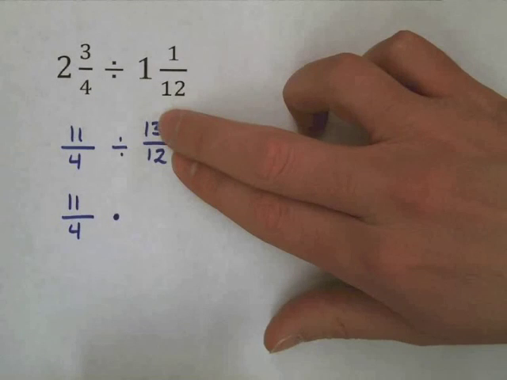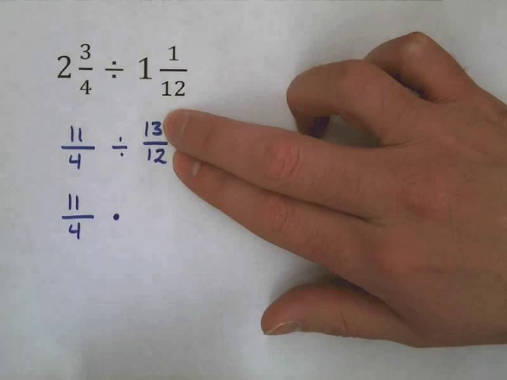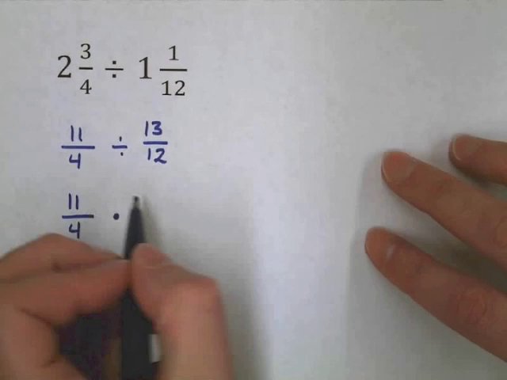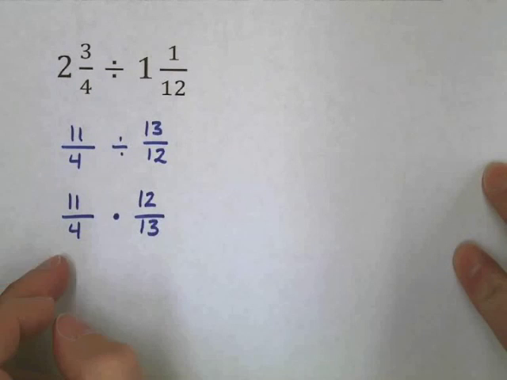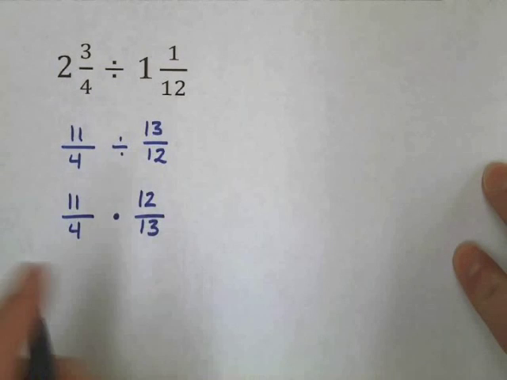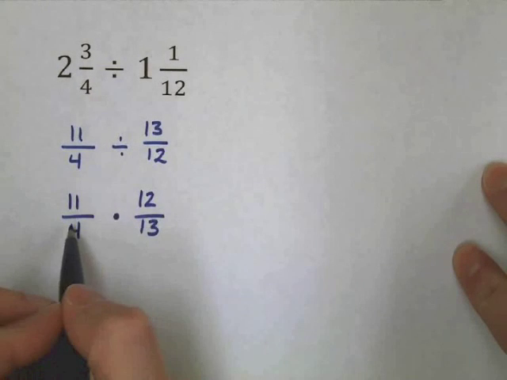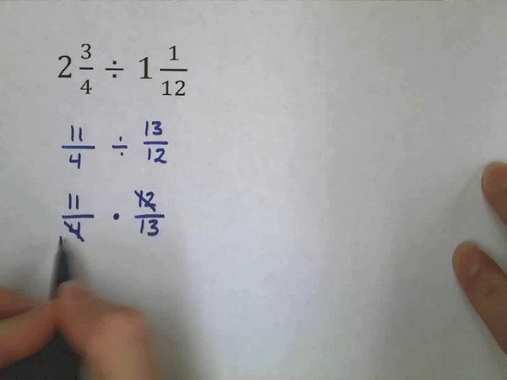And if that's true, I need to take this and use the reciprocal, and that is 12/13. So now I have 11/4 times 12/13. Well, I see that I can use some common factors here.